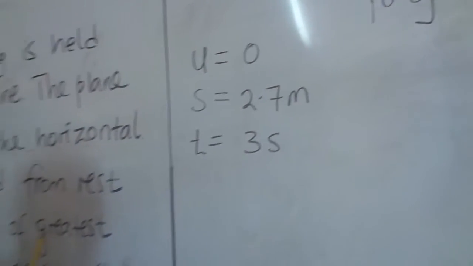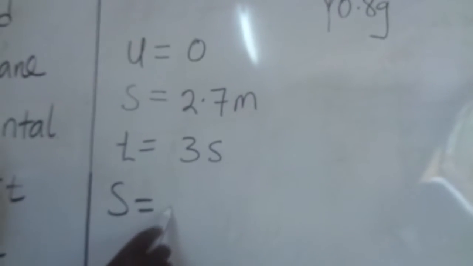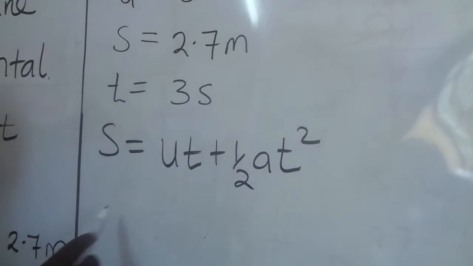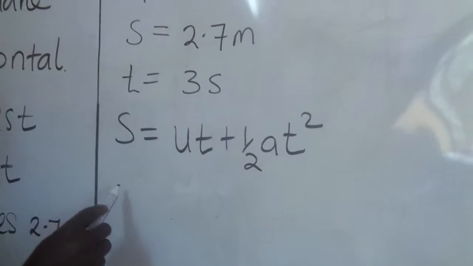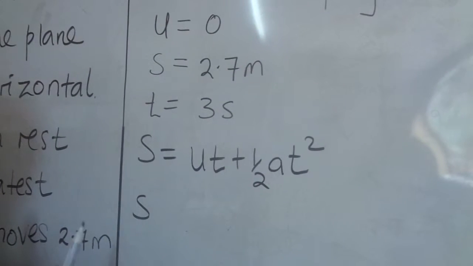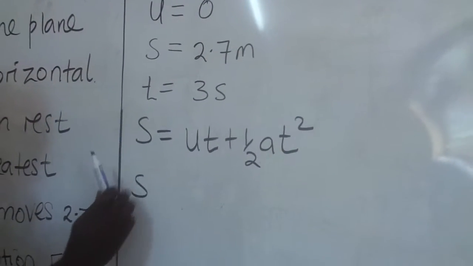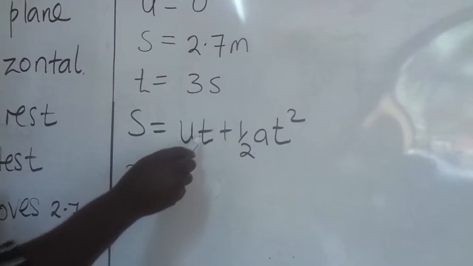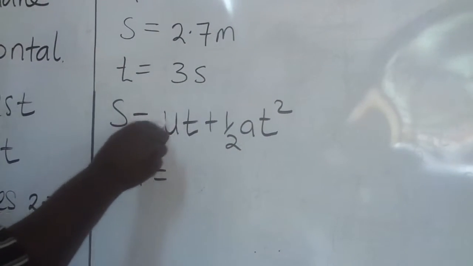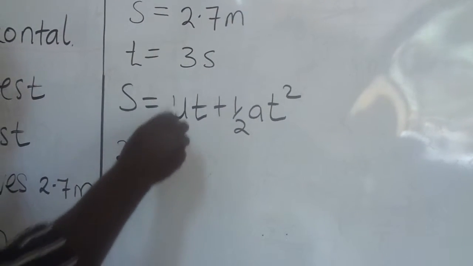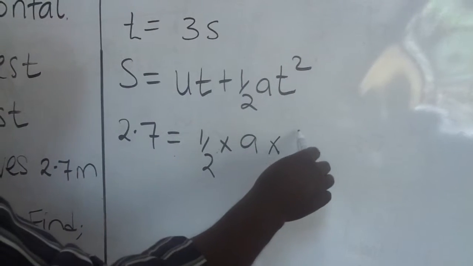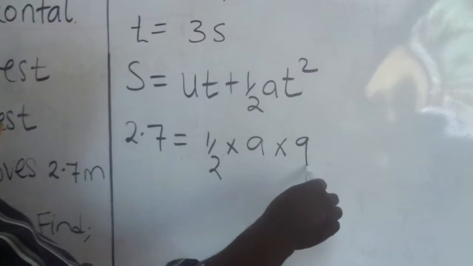Using the equations of motion, the appropriate equation is s = ut + ½at². Substituting the values, 2.7 = 0 + ½ × a × 3², where 3 squared is 9.